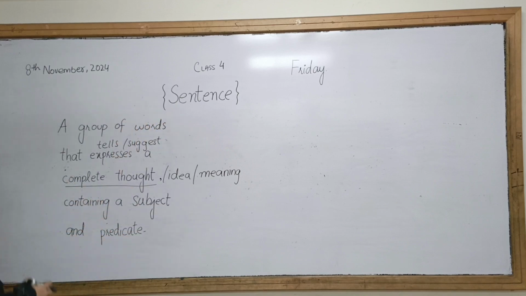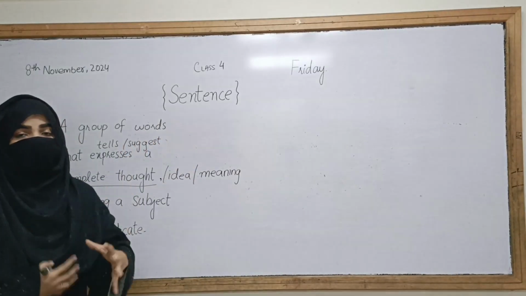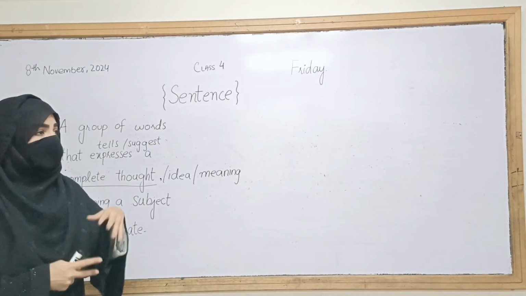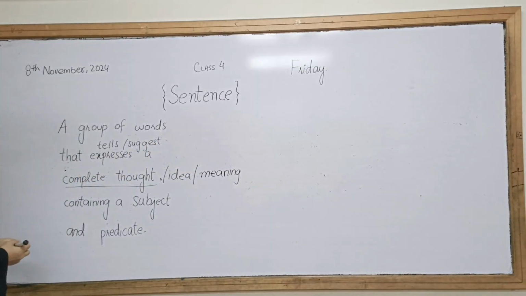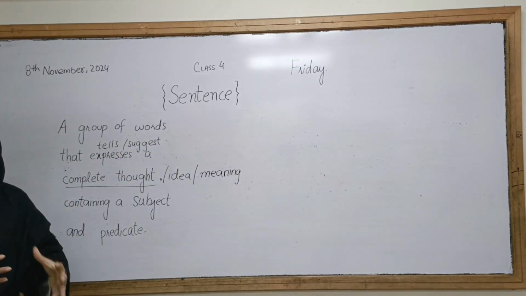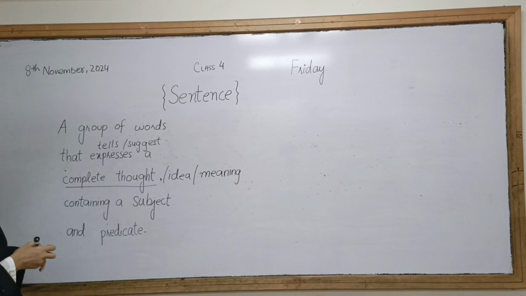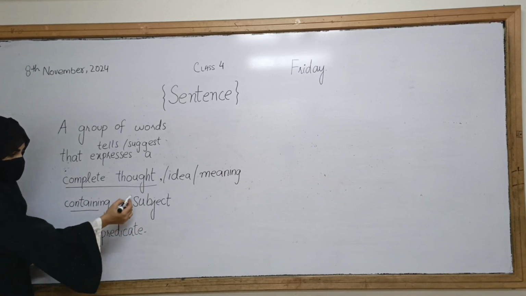Now we will get to know what the conditions are to make a sentence and what things combine together to make up a complete sentence. Getting me? Okay. Now these are the two basic conditions that make a sentence a sentence. A sentence contains a subject, the main thing.